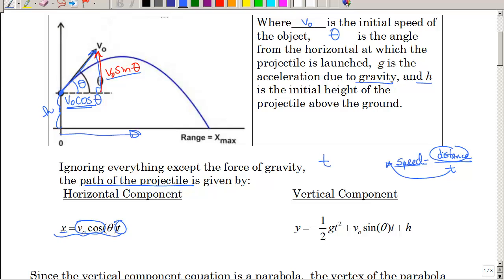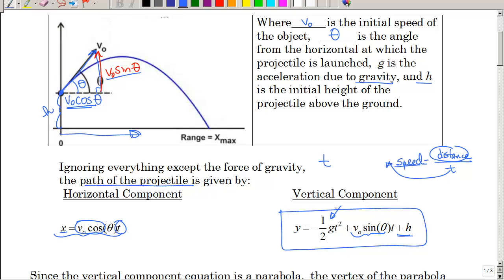Vertical component, much more complicated because of gravity. We have negative 1/2 g t squared plus v naught sine theta, and remember that's the vertical component of your velocity, times time, plus any initial height you may have.